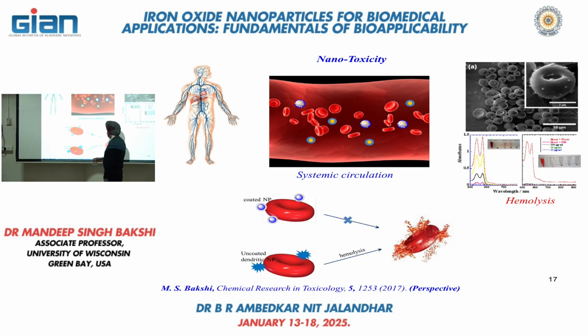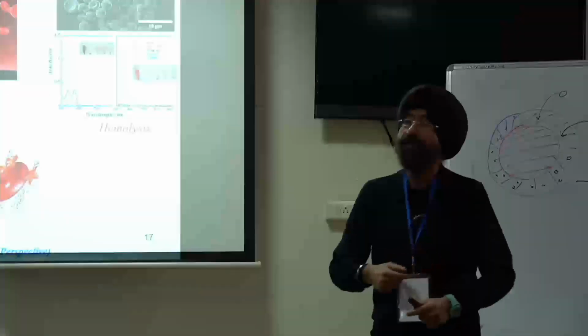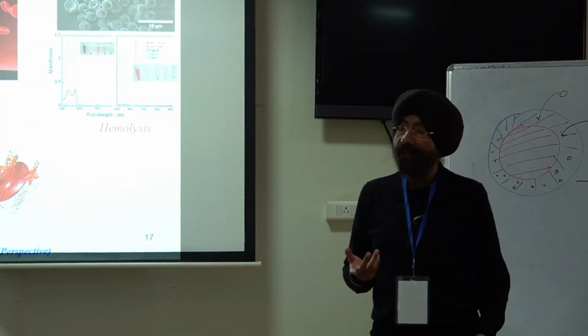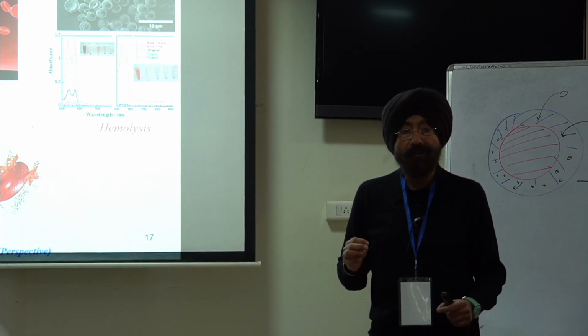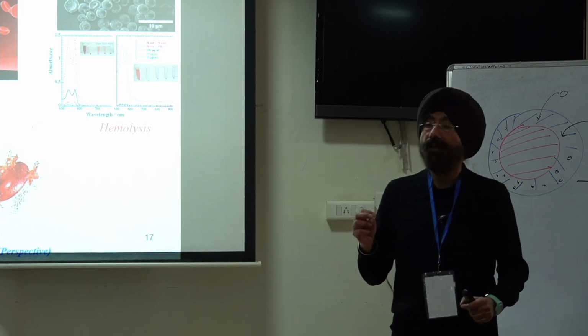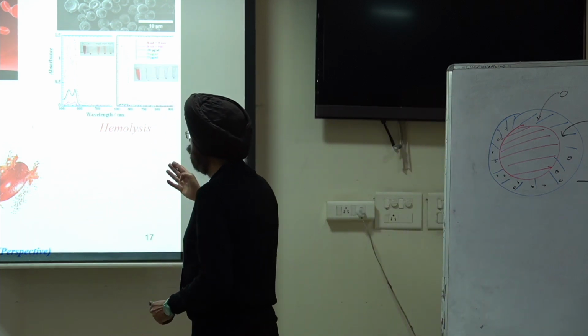So this is the nanotoxicity. It's not only the bloodstream, because the blood vessels are everywhere, no matter if you are going to introduce this in the tumor. So in order to avoid the toxicity or inducing hemolysis, this is known as hemolysis.